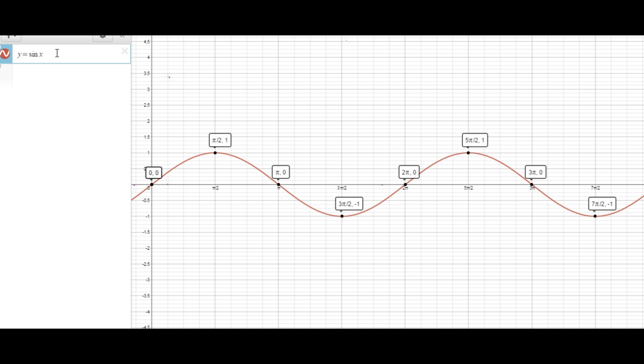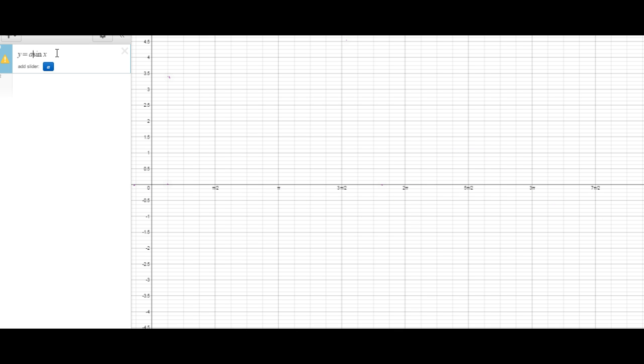It comes out y is equal to a, so there's an a in front, sine, and then there's a bracket bx plus c, and then on the end there's a plus d. So that's the formula you're going to get on the formula sheet, right? It says sinusoidal function: y equals a sine bracket bx plus c close bracket plus d.